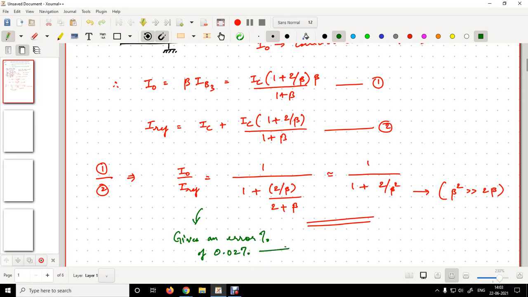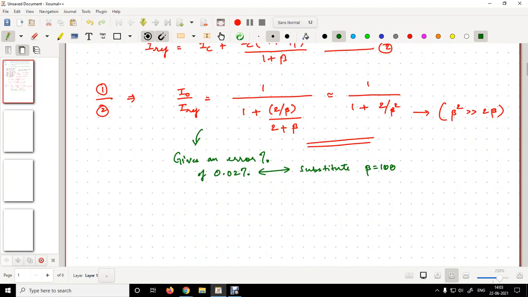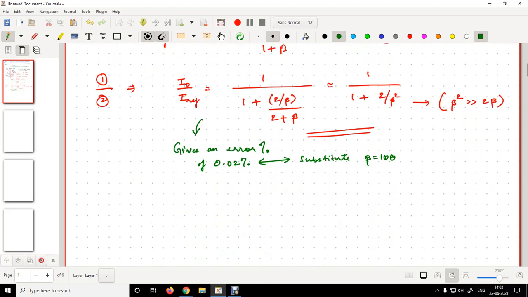How do you get this? Substitute beta equal to 100 and find out what is I naught by I reference. This is where we finished off in the last class.